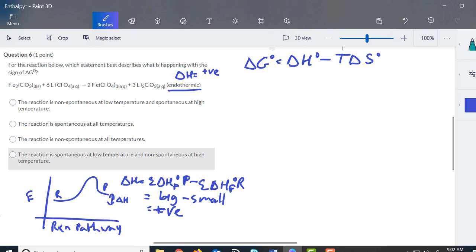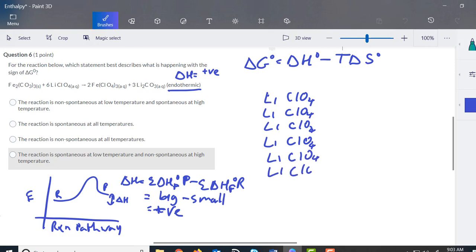Now the other thing we're going to have to do here is figure out how many ions we have on each side, so we can figure out what the sign of delta S is. If we've got 6 LiClO4, if I do a picture of that, it would look like this.